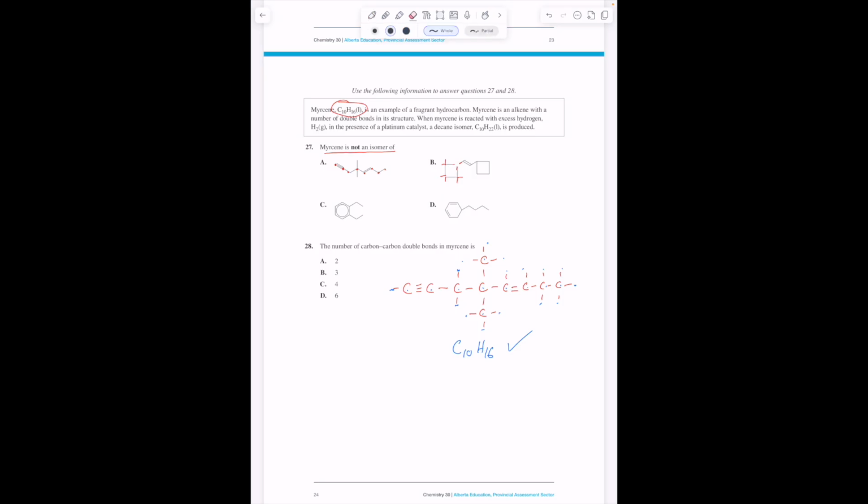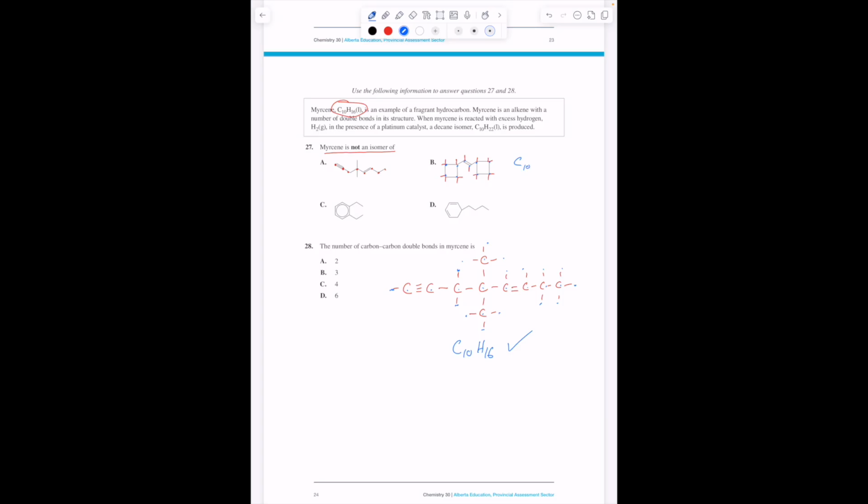But so I don't get confused, I'm just going to put this in. 1, 1, 2, 3. That's 4. I need a 1 coming off here. Okay, let's count carbons. 1, 2, 3, 4, 5, 6, 7, 8, 9, 10.